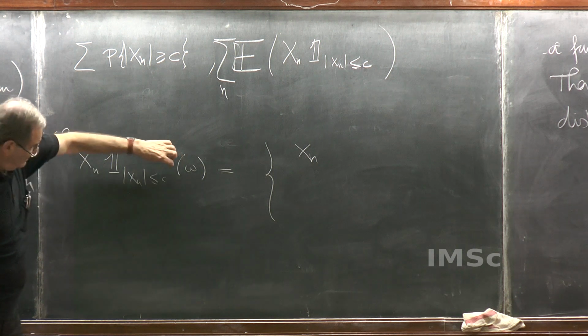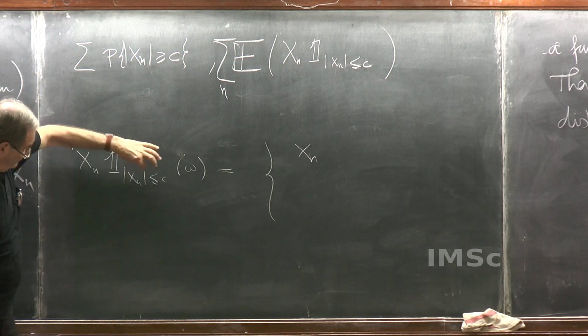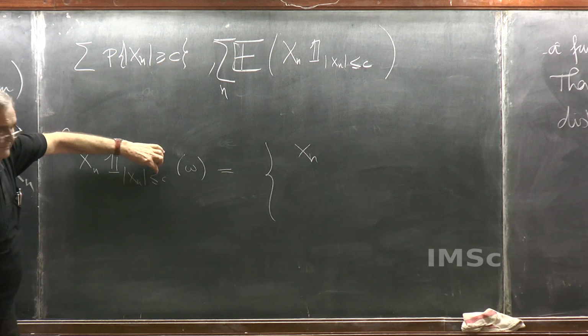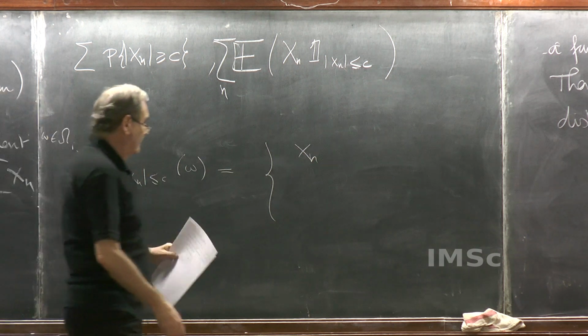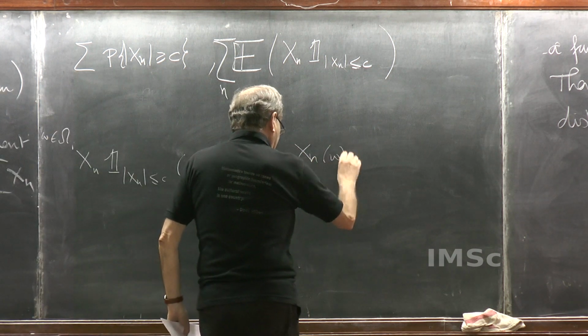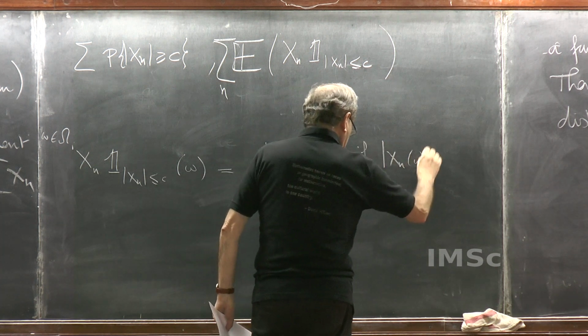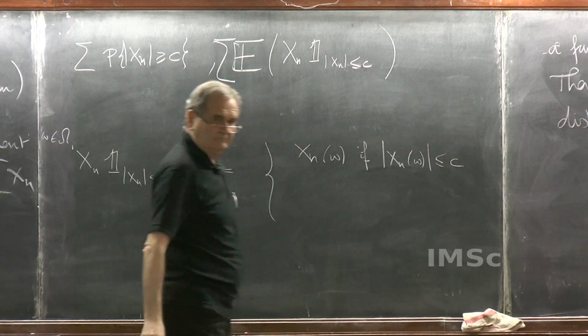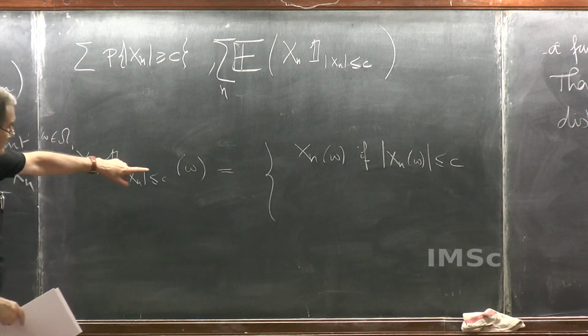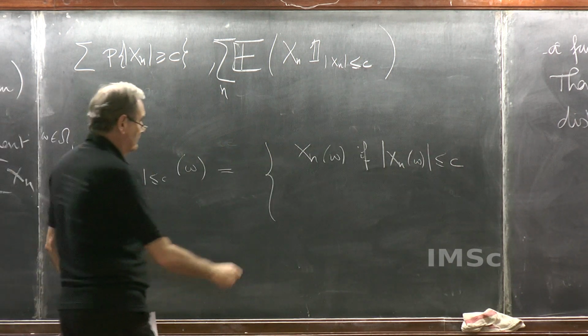And to mean that this is 1, it means that this quantity is less than c. So it is x_n of omega if x_n of omega is at most c. This is the 1 which is here, and otherwise it is 0.